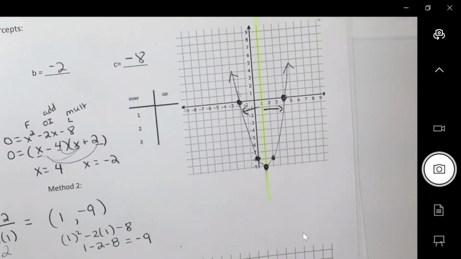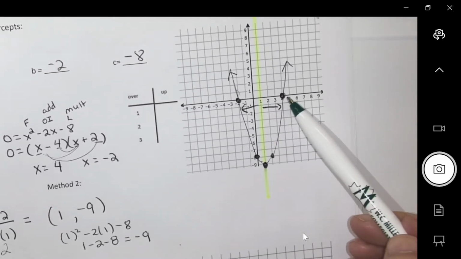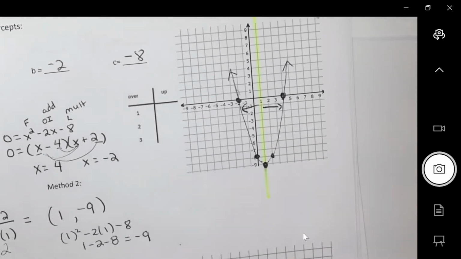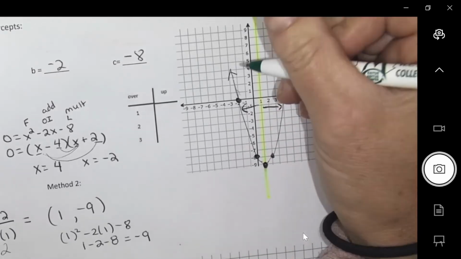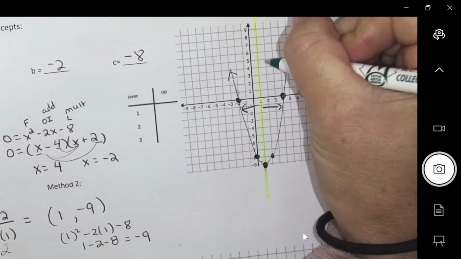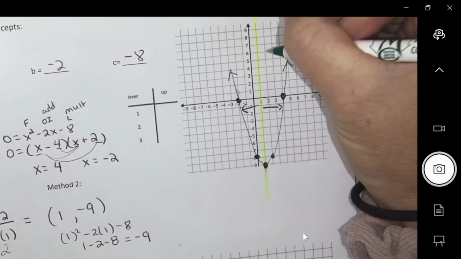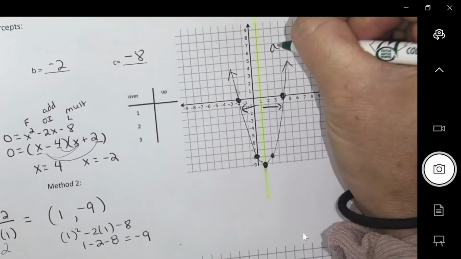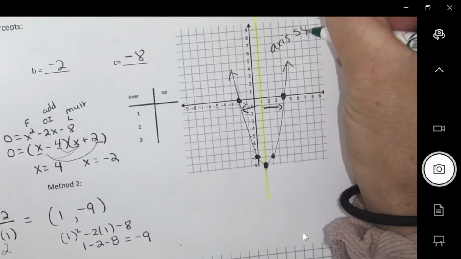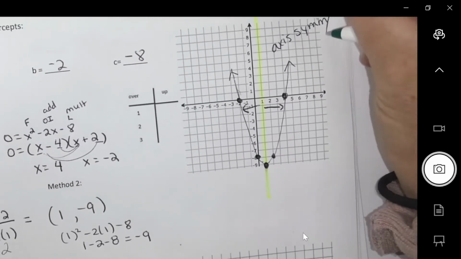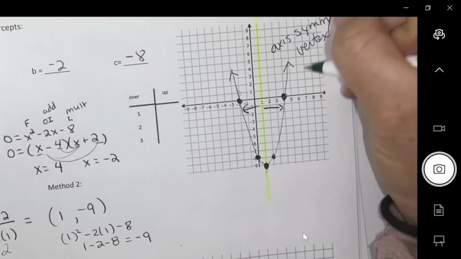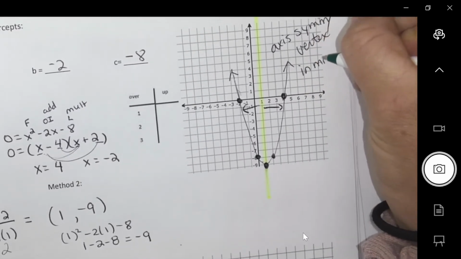How far away are the x-intercepts, each of them? This is 3 to the right of it, and this is 3 to the left of it. So this is the relationship: the axis of symmetry, or the vertex, is in the middle.